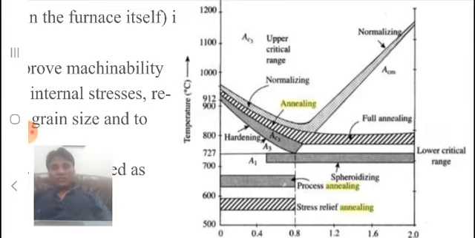And we also discussed what is subcritical annealing. Subcritical annealing is nothing but heating below the A1 line, around 650 degrees centigrade, and holding at the temperature for sufficient time so that the internal stresses are released and grain refinement takes place, and then slowly cooling to room temperature.